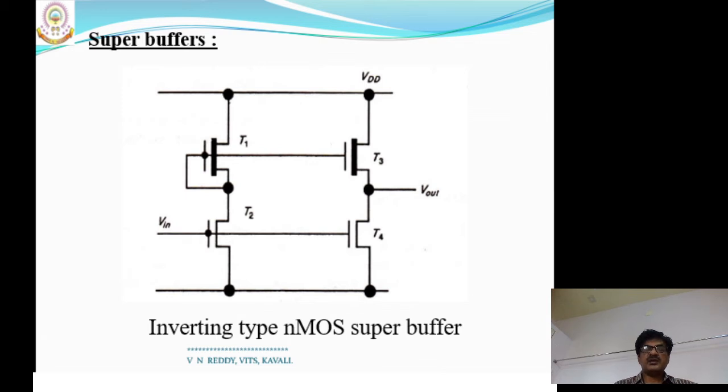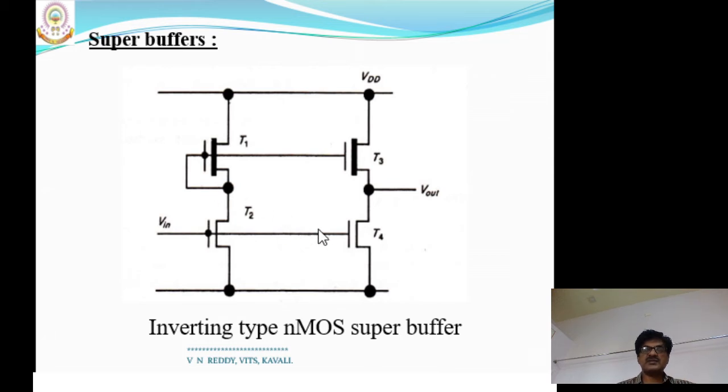But now see whether it drives a large amount of current or not to drive the load capacitance. Without these two transistors T3 and T4, the transistor T1 supplies the current for the load capacitor to charge, isn't it?